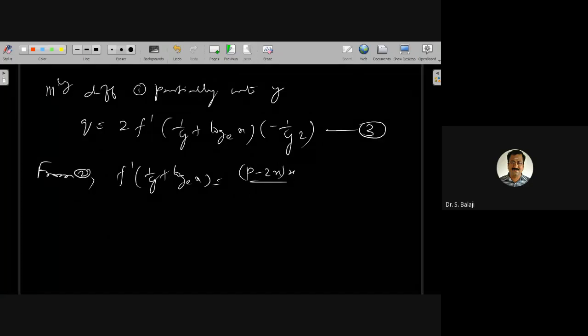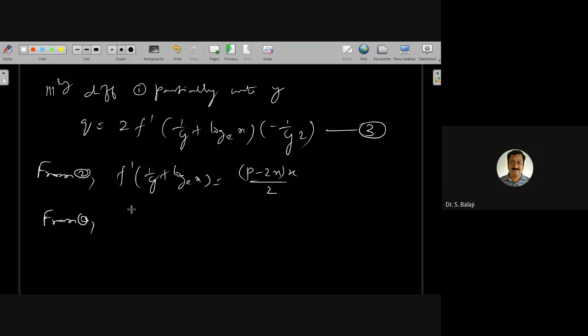Similarly, from equation 3, f dash of 1 by y plus log x can be written as minus q y square by 2.